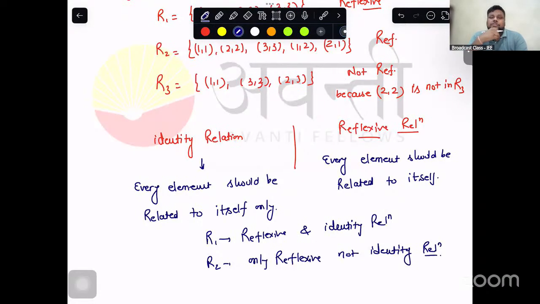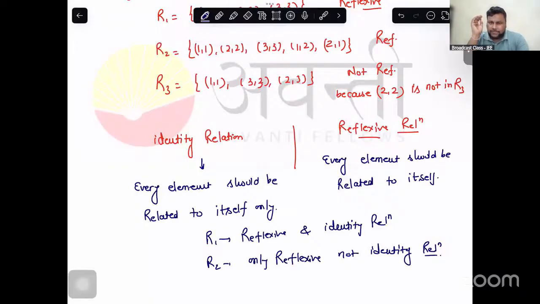Tell me if you understood or not. In identity relation, element should be related to itself only. There should not be any (2,3), (3,2), (5,2), (5,3). It should not be there. Only (1,1), (2,2), (3,3), (4,4), (5,5).